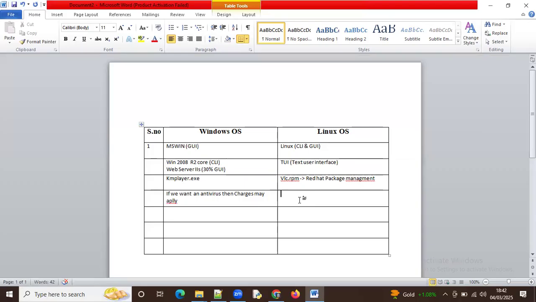Here it is free. Of course, if any application takes some charges, it may be minimal only.